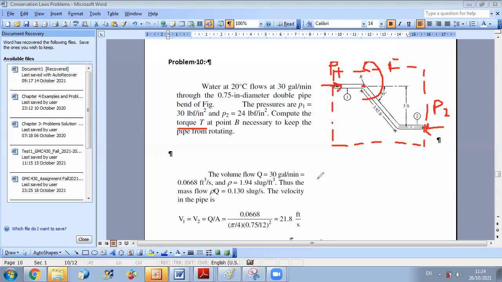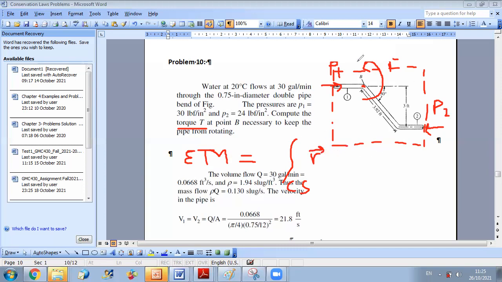So if I write the angular momentum relation, I will say that the summation of couples of forces, and you should consider couples and moments of forces, so summation of moments, including couple and force moments, should be equal to the integral over the control surface of R vectorial V. Here, it's much simpler.